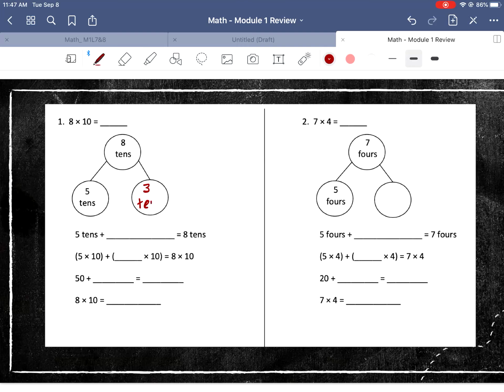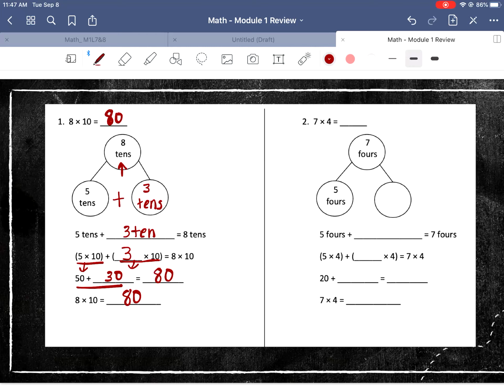That means here they have 3 tens, because when we add these 2 bubbles, this is the total. So 5 tens plus 3 tens is equal to 8 tens. So 5 times 10 is 50, 3 times 10 is 30. And when I add these 2 numbers, I get 80.